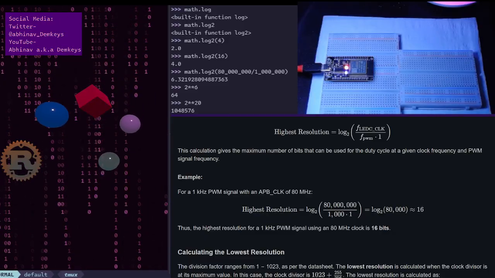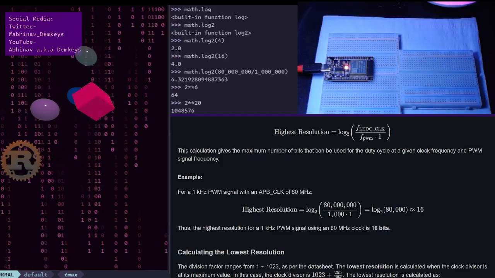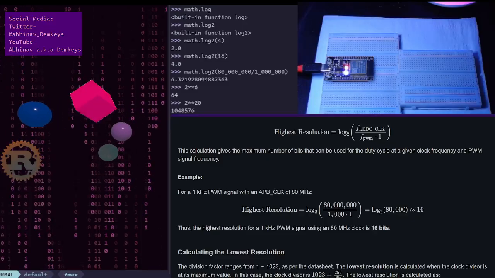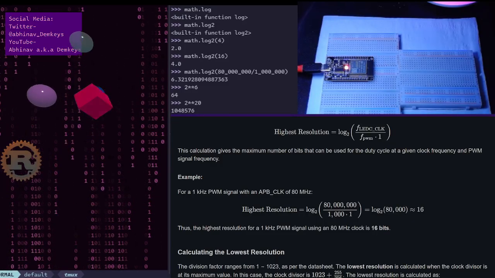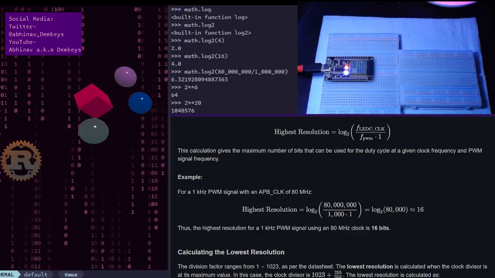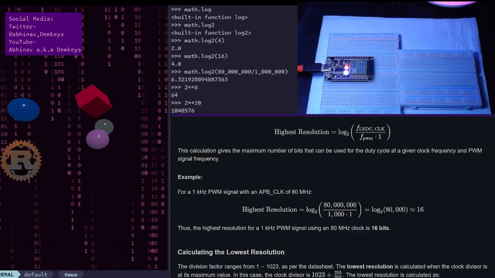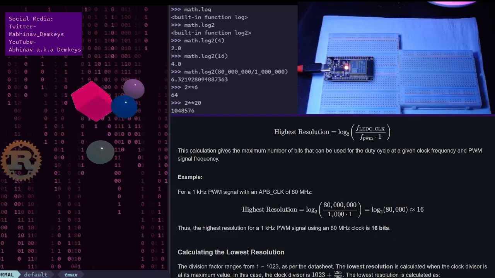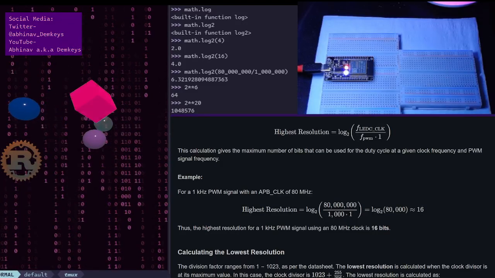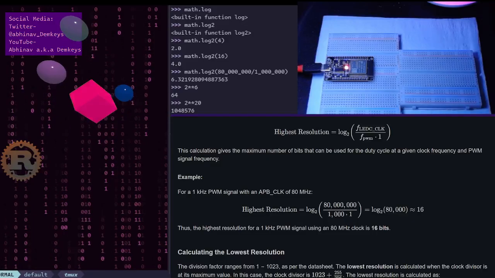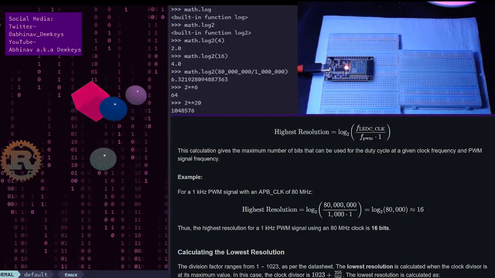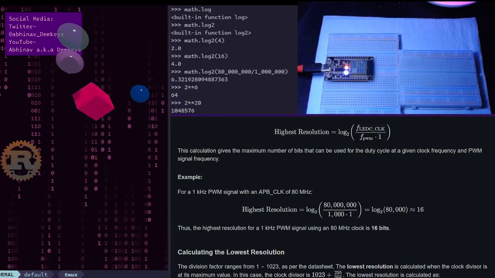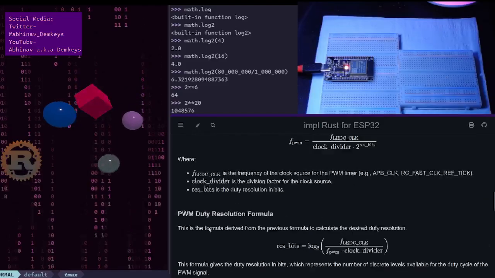Thus the highest resolution for a 1 kilohertz PWM signal using an 80 megahertz clock is 16 bits. I need to understand that we need a source clock signal frequency, and out of that we are generating our PWM frequency.